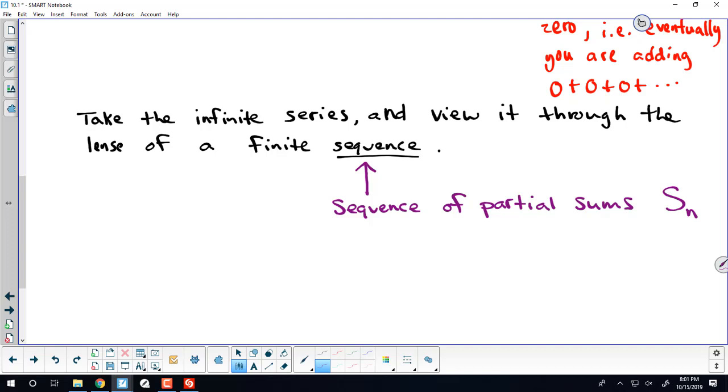Capital S for sum, n is some finite number. The way we configure that is, let's focus for a moment on the sum from k equals 1 to n of 1 over 2 to the k. That finite series, and I'll highlight this n here, this n is equal to S sub n, our nth partial sum.